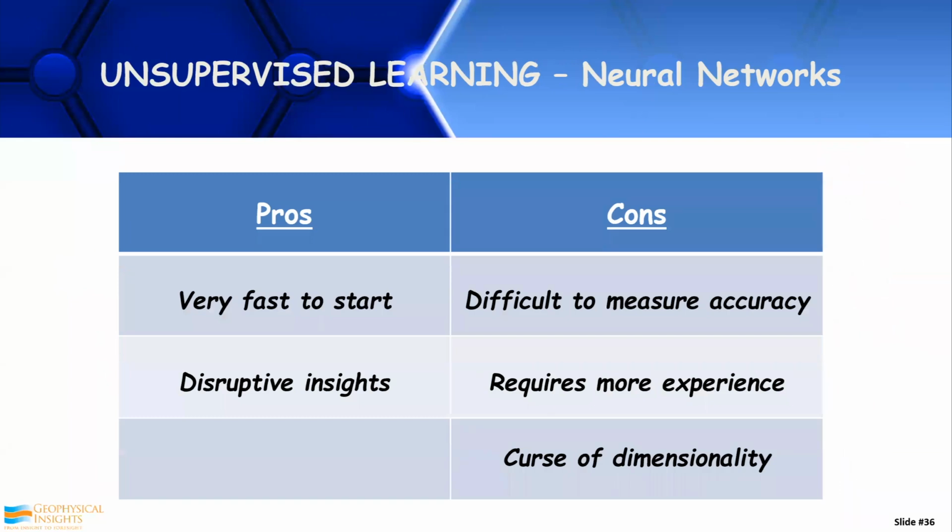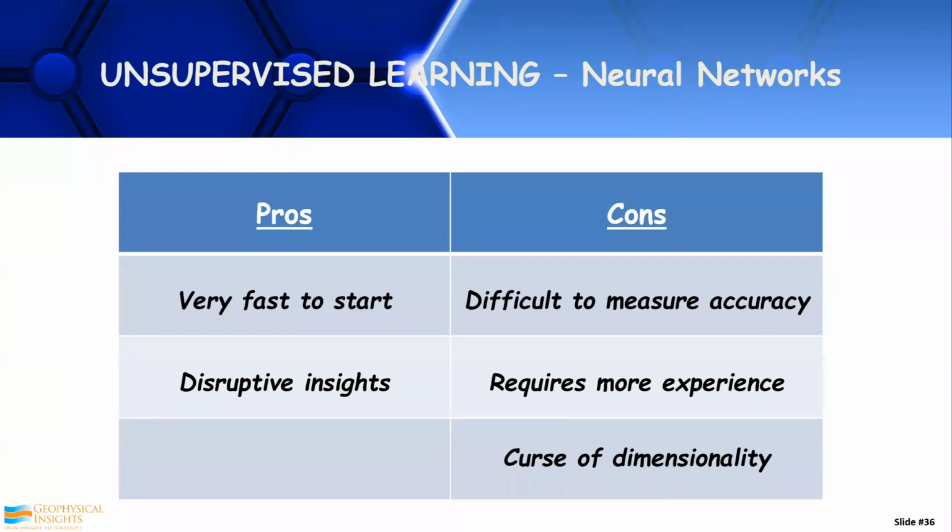So some of the pros and cons. The pros of unsupervised learning are it can be very fast. You get results quickly, and it can provide disruptive insights that you won't get out of supervised classification necessarily. The cons are it's difficult to measure the accuracy.